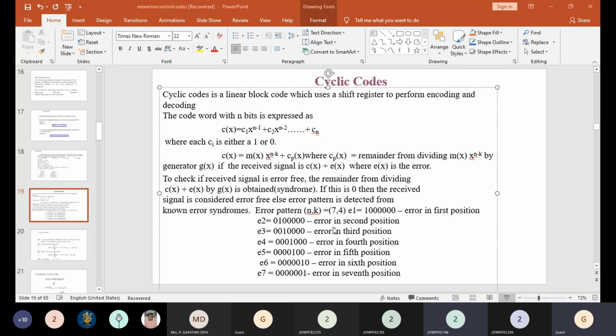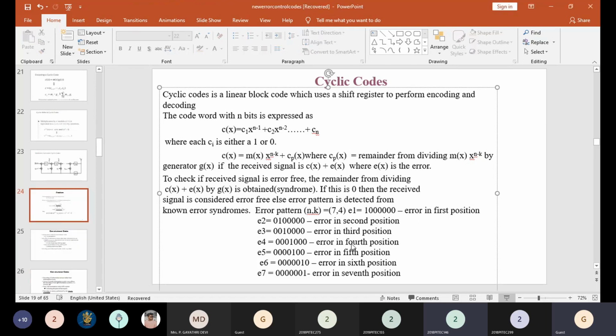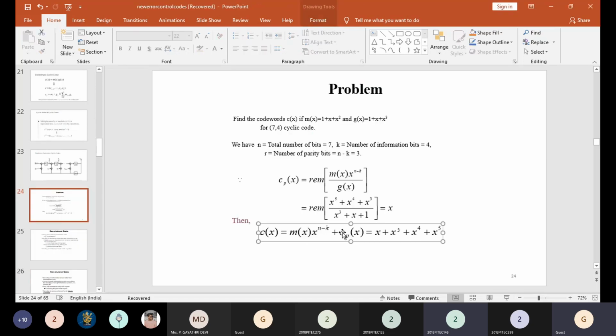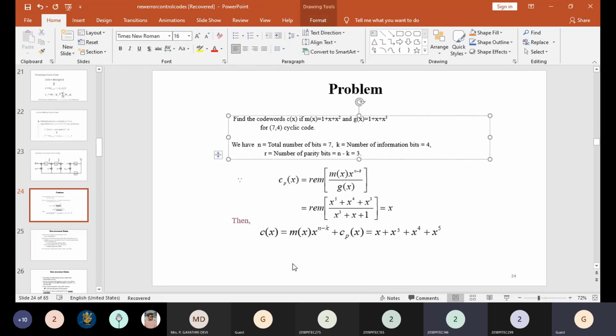If you want to calculate the code word, I'll write the corresponding code word here.